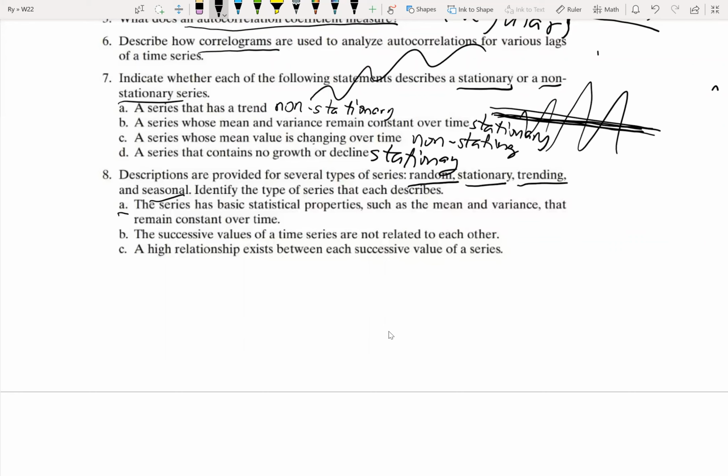A, the series has basic statistical properties, such as mean and variance, that remain constant over time. So does question A belong to random data, stationary data, trending data, or seasonal data?